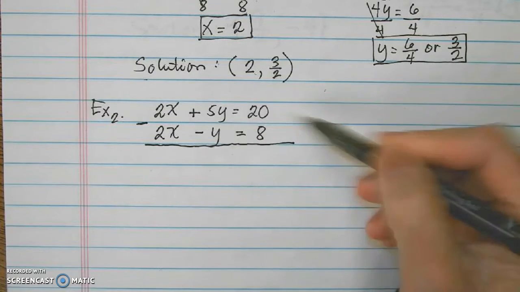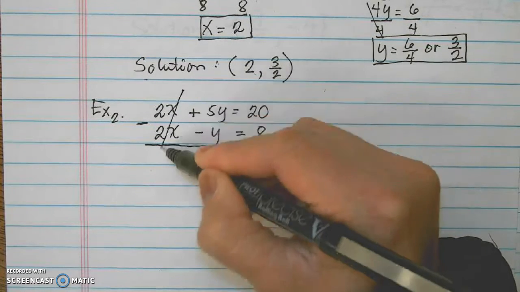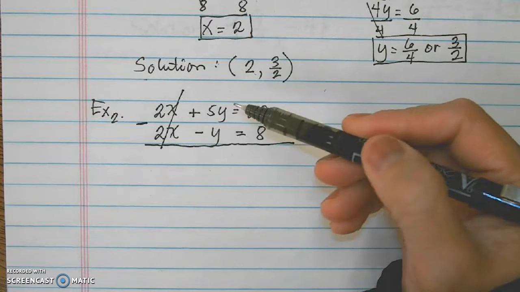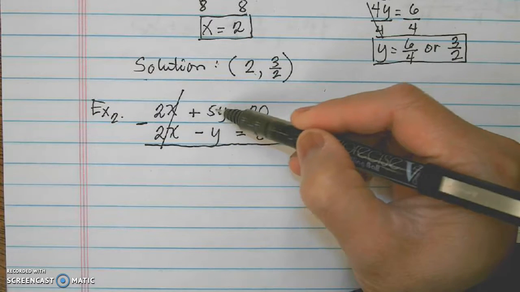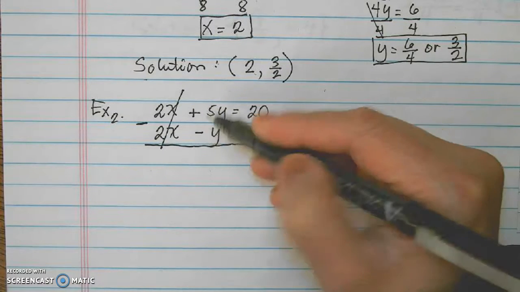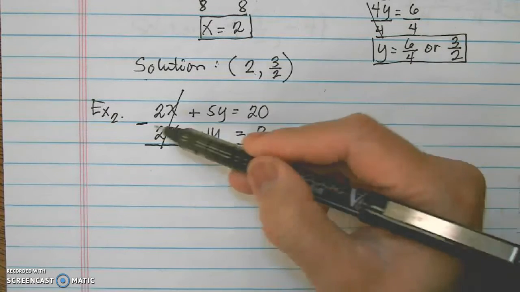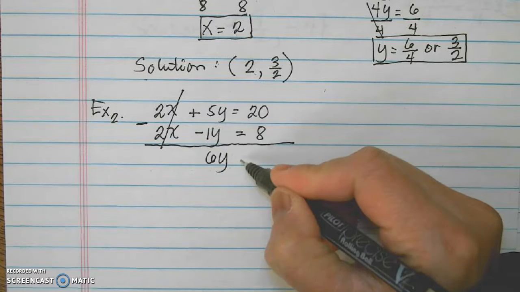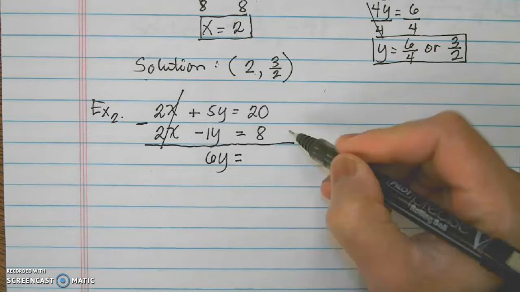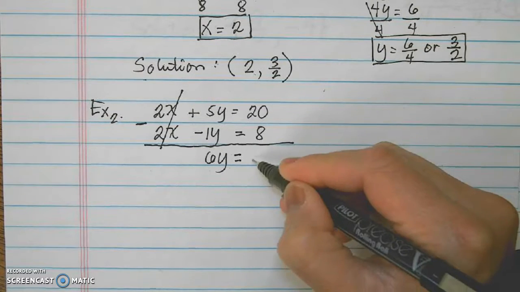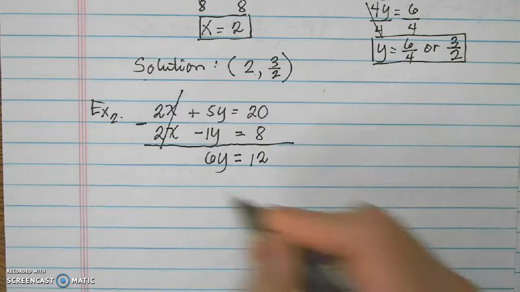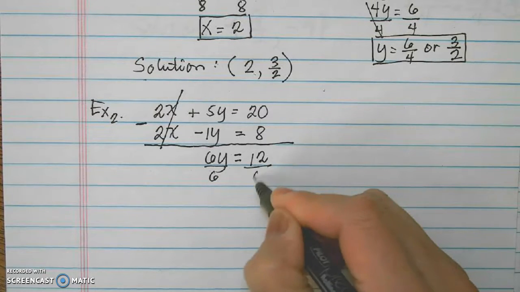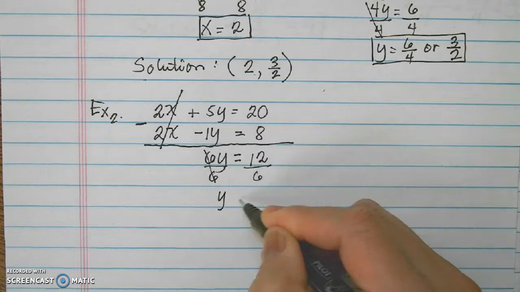So we will subtract everything. This becomes a 0 because 2 minus 2 is 0. Positive 5y minus negative 1y, by the rule of integers, will become 6y equals 20 minus 8, which is 12. Divide by 6. Divide by 6. y is 2.